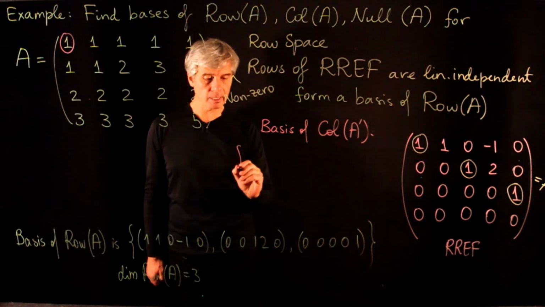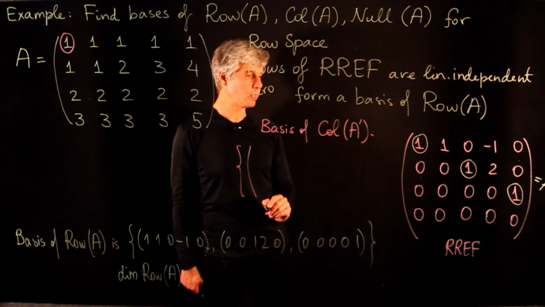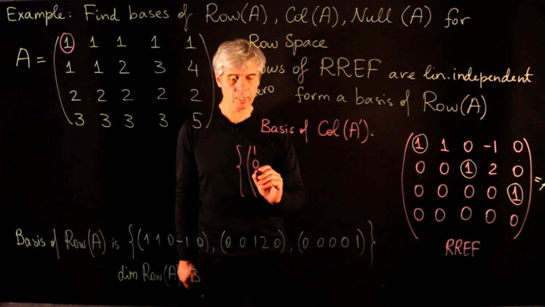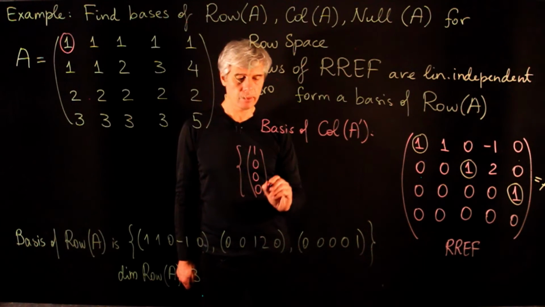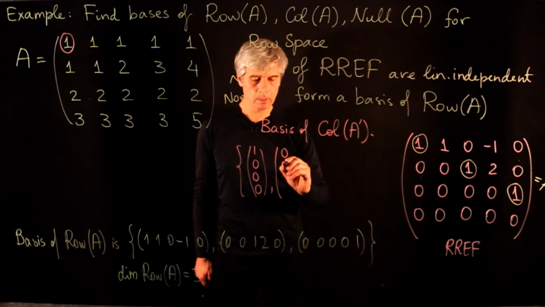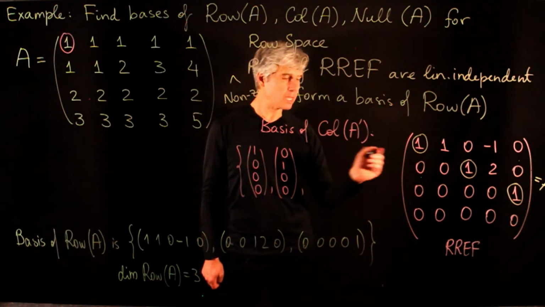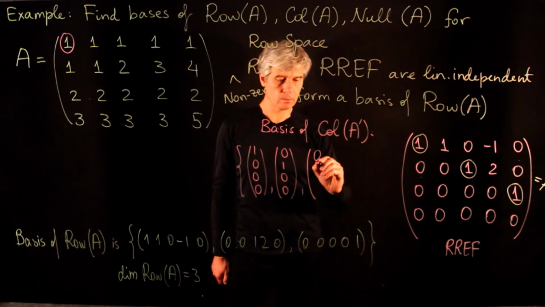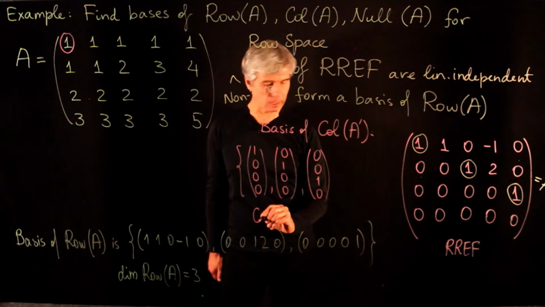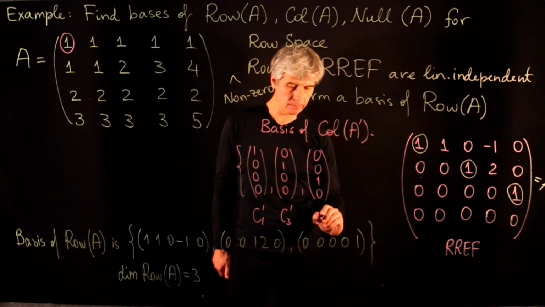I claim that to construct the basis, I take the following columns. I take the first column of A prime, then the third column of A prime, and the last column of A prime. So this is C1 prime, C3 prime, and C5 prime.